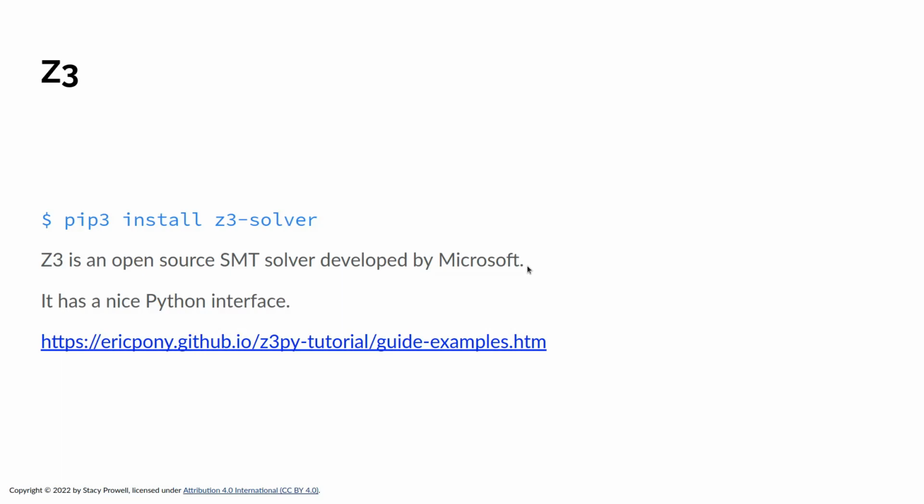You can install it on your Linux system with pip3 install z3-solver. That'll install the pieces that you need, and it'll give you a nice Python interface to it, which we'll look at in just a moment. If you want to read about it, you can head here. The whole thing is up on GitHub, and you can read the guide and their examples, and there's a tutorial and a bunch of other fun stuff about it. Don't be put off by the fact that it's Microsoft. This is actually a really, really awesome tool.